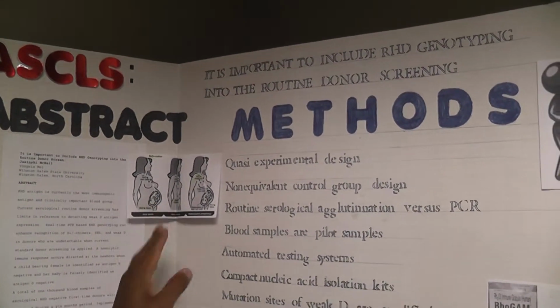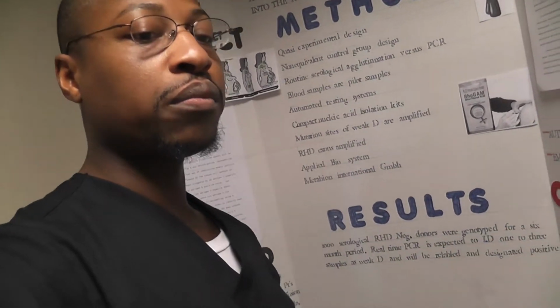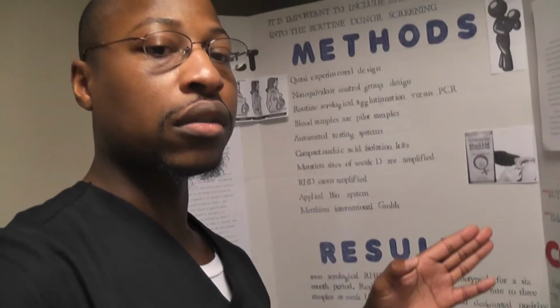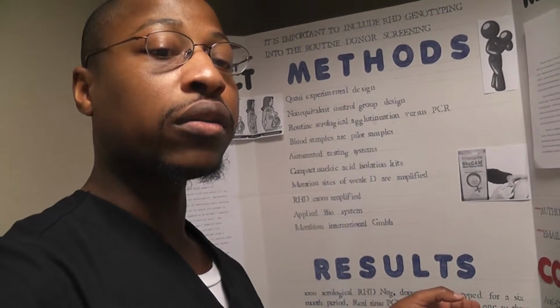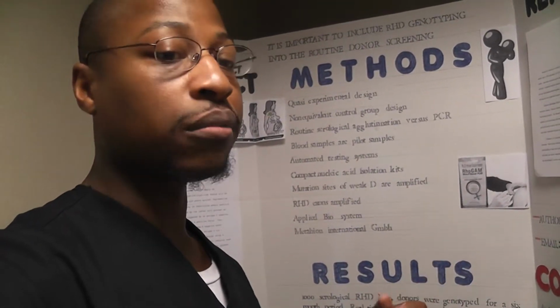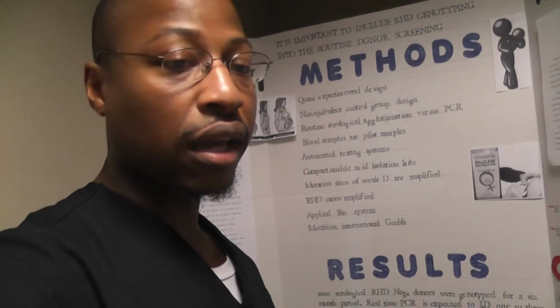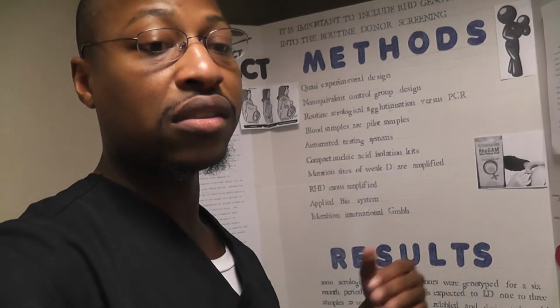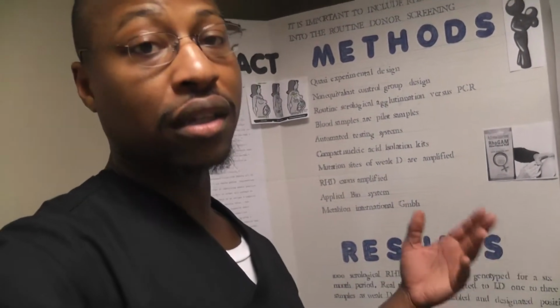So what will happen is those cells that have the D antigen on them will start pushing out of the placenta and carry over into the mother. The mother is going to respond and make antibodies. Those antibodies attack anything that has antigen D on it, and in this situation, the fetus's red blood cells.